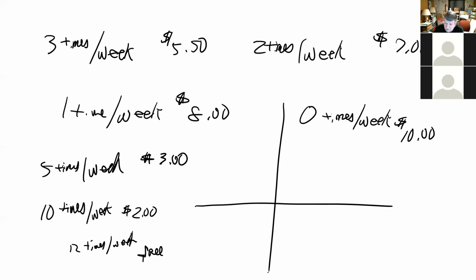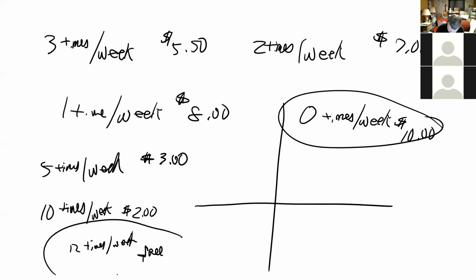Okay, now, this isn't a perfect model, but I want to use this information to represent something here. Let's see here. So we're going to go $5, $10, and 12.